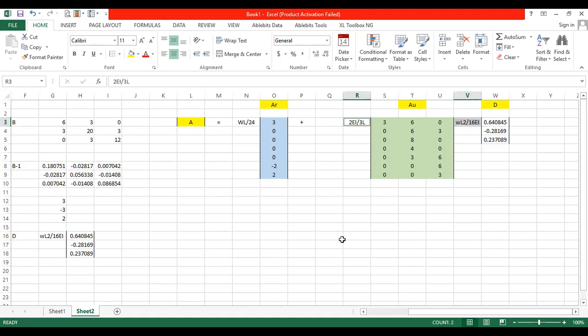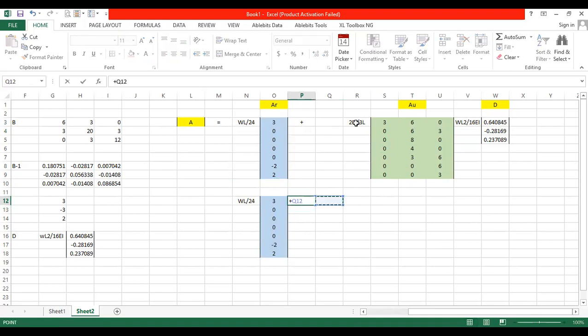If you multiply these two, you will end up with again WL over 48 EI, right? So that is again WL over 6 EI, 24 EI, okay?